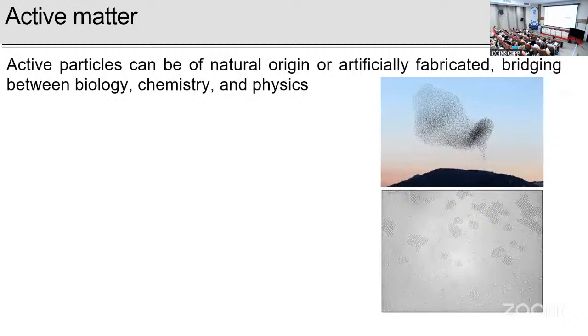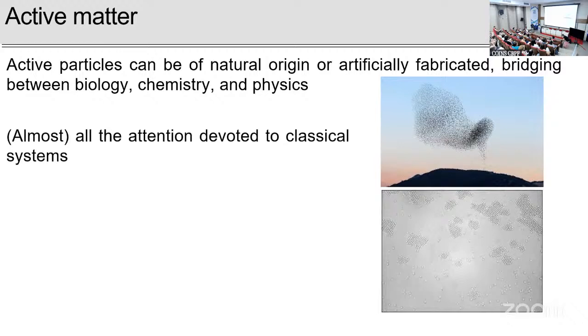Active matter can be frogs, birds, swimmers, but these swimmers may be made artificially. And this generated during the last decades a huge interest connecting physics, chemistry, biology, and as you can imagine, the community is very large.